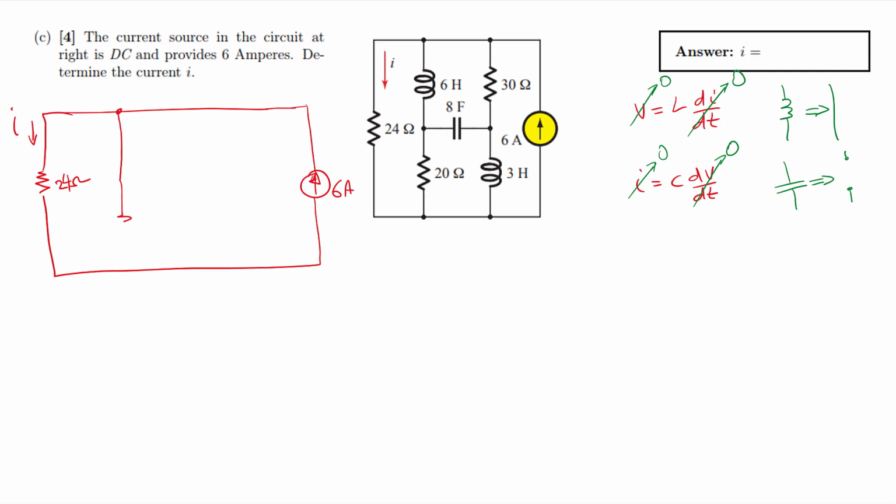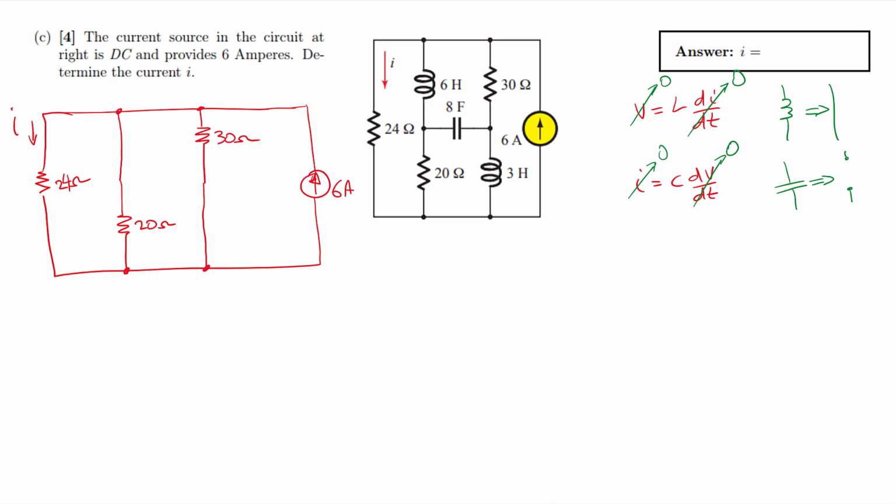It's going to come down to this 20 ohm resistor, and then this 30 ohm resistor will still be here, and then it's going to go down and through the 3 henries inductor, which is going to appear like a wire, and the capacitor is going to appear like an open circuit.